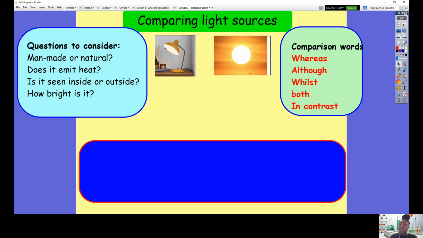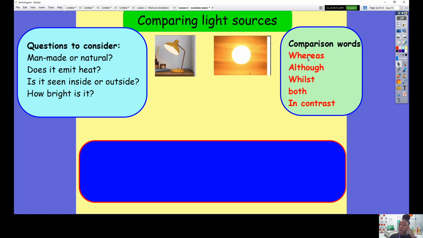The lamp would typically be seen from inside because lamps are used inside houses or buildings. The sun is typically seen outside, but it's so bright that you can see it from inside. And how bright is it? Well, the lamp is bright enough to brighten a small part of a room. The sun is extremely bright and is used to brighten the whole earth.